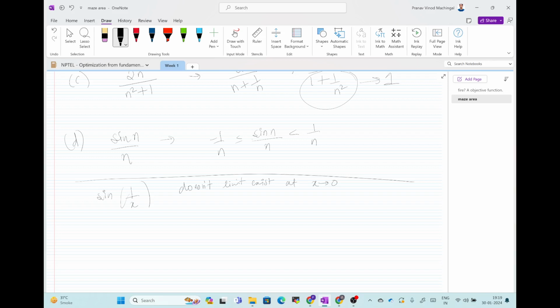Like there is some xn which goes to 0, but sine of 1 by xn is not converging. There is no limit.